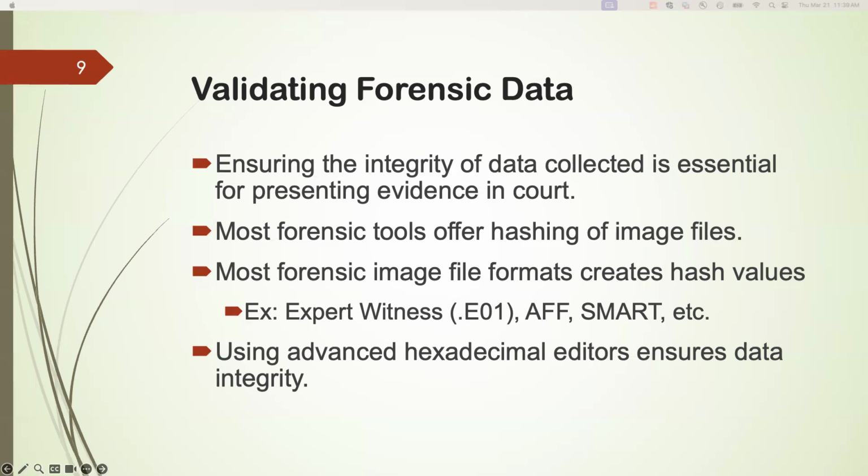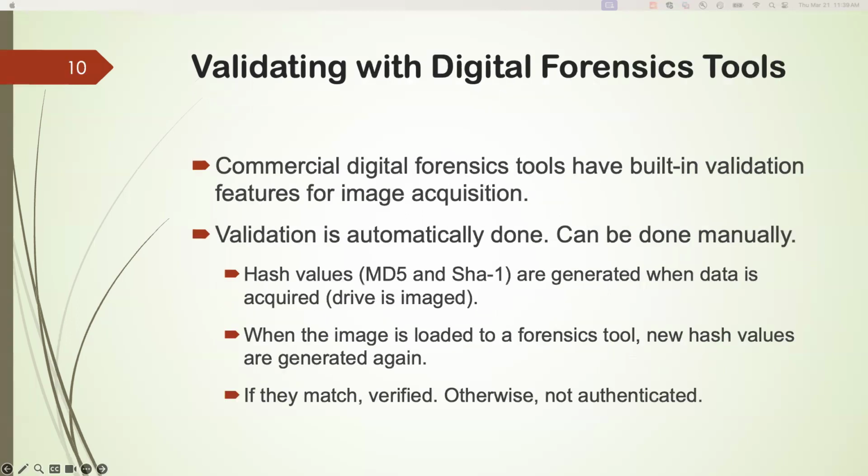We don't have to do anything ourselves. But sometimes if the tool doesn't do it automatically, we need to open this image in some other tool such as a hex editor and then take that hash manually. Most of the commercial tools, such as FTK Imager and Autopsy, automatically do the hashing for us.